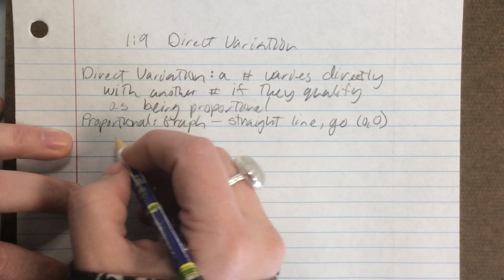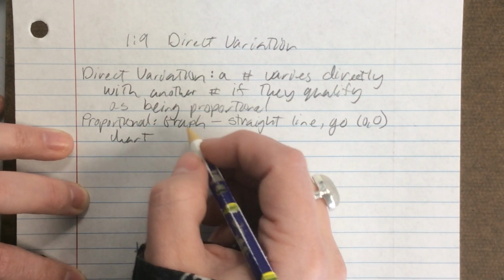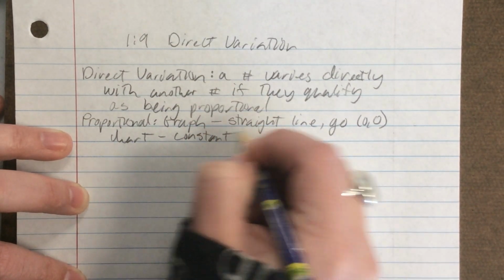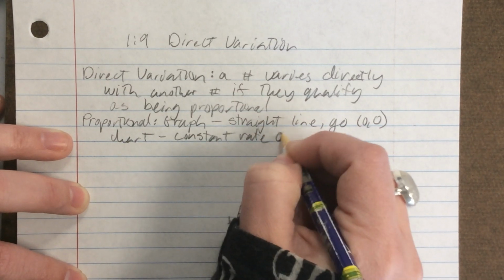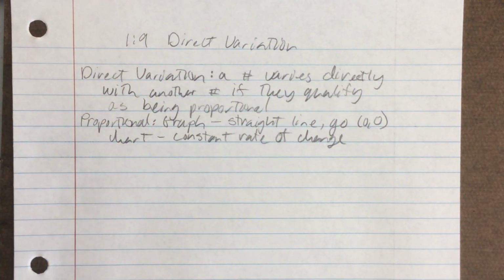Okay, in a chart, constant rate of change, or basically all of the fractions reduced down to the same number.